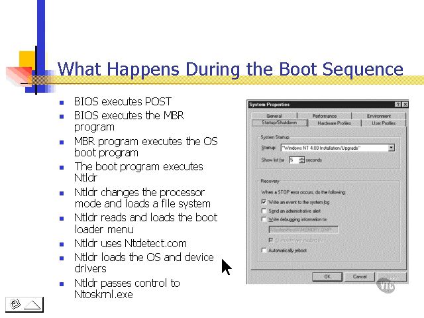NTLDR loads the operating system and all the device drivers, and NTLDR passes control to ntOSkernel.exe. If we're watching the boot process, at the point where NTLDR passes control to ntOSkernel.exe, the screen turns blue.